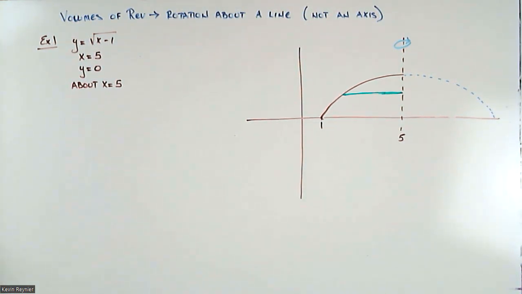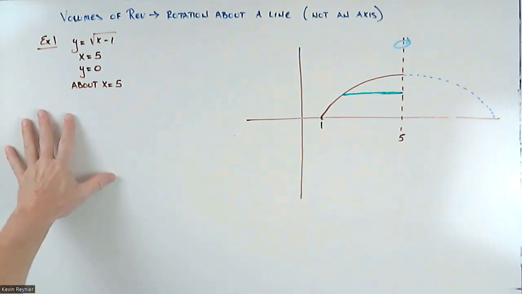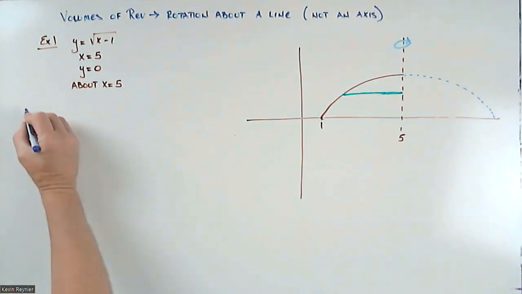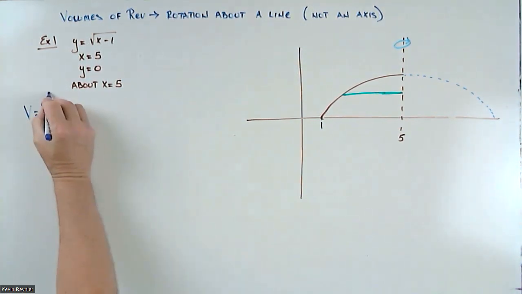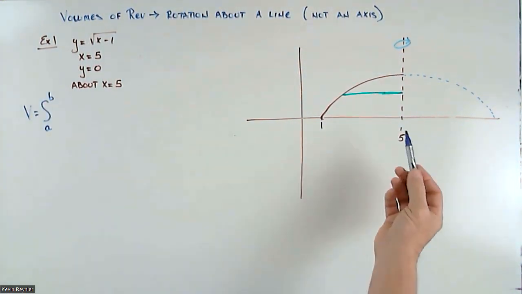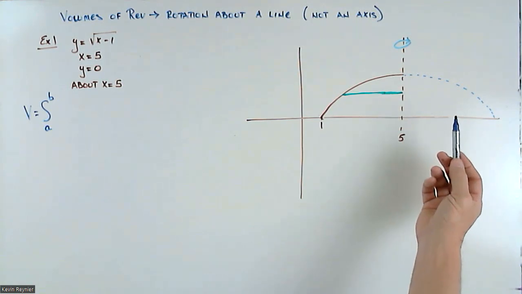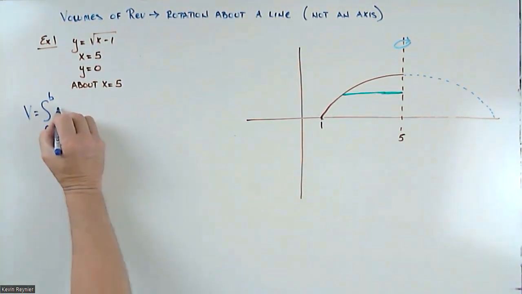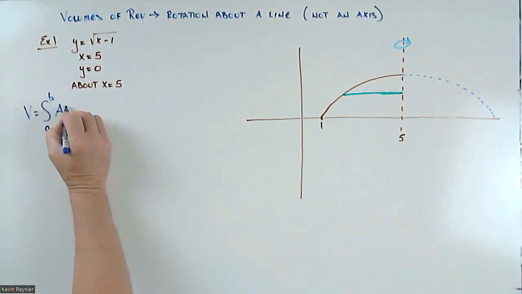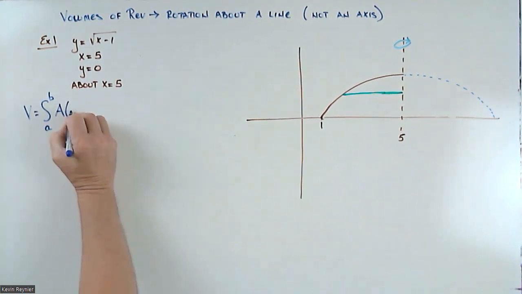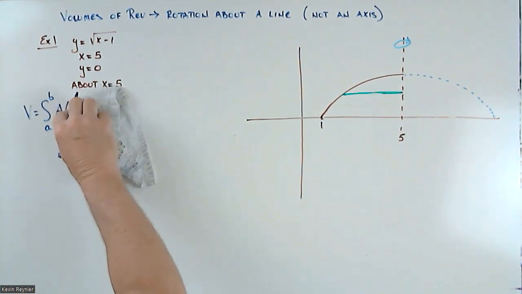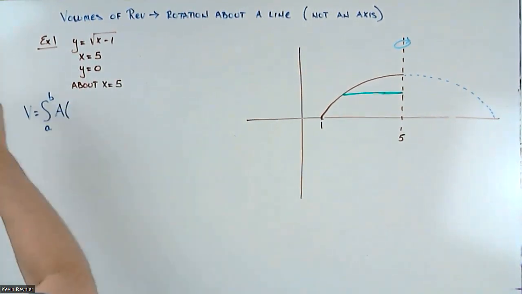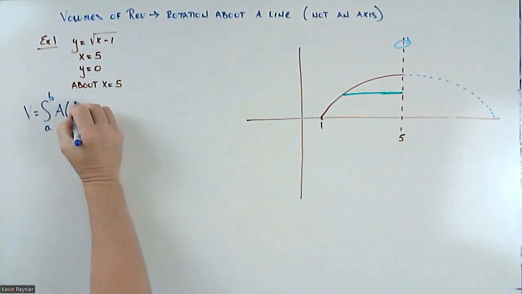From here, I am now going to come over to my work area, and I'm going to write my volume equals the integral from A to B. I recognize I'm using discs, not washers. So I am going to write that I'm going to integrate the area in terms of y dy.